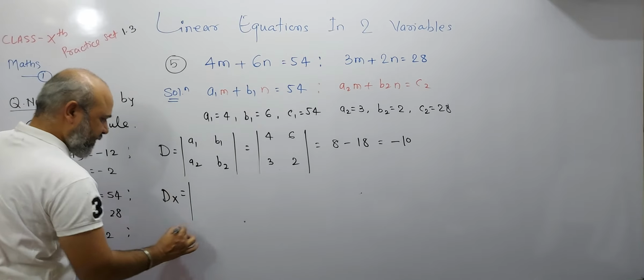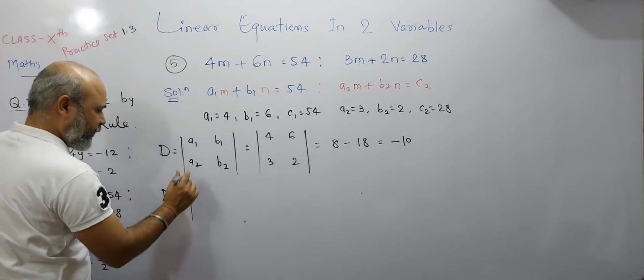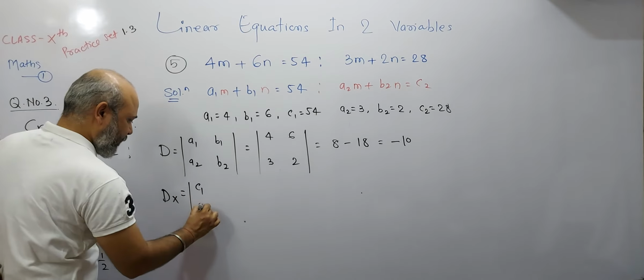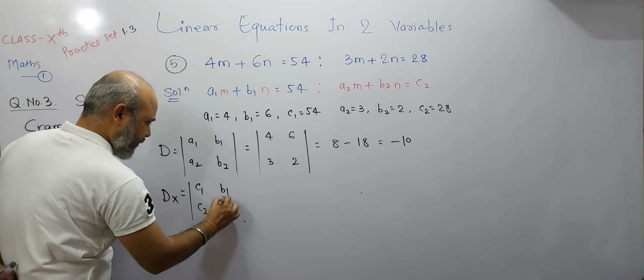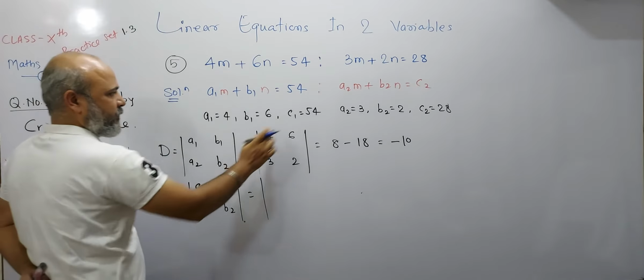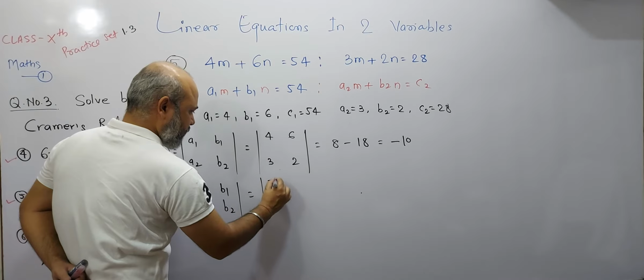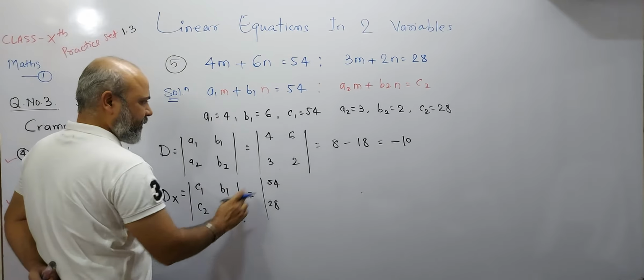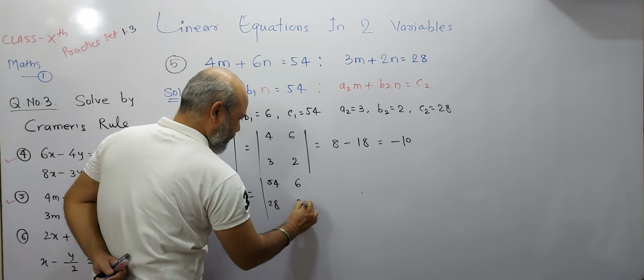Then we will find the value of dx. In dx, a1 and a2 will be replaced by c1 and c2, and b1, b2 stay. What is c1, c2? c1 is 54 and c2 is 28. And b1 is 6 and b2 is 2.